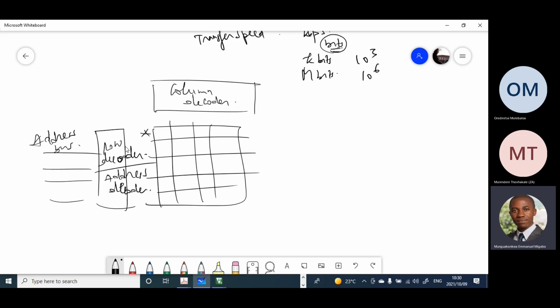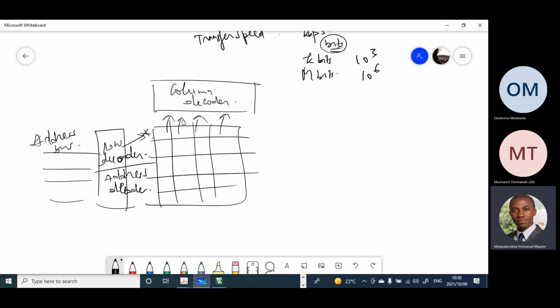It's more of a selector in other terms. Then it will select the specific row we are trying to access. The column decoder, on the other hand, is there for pulling data out of that specific row that has been selected. That's very important.